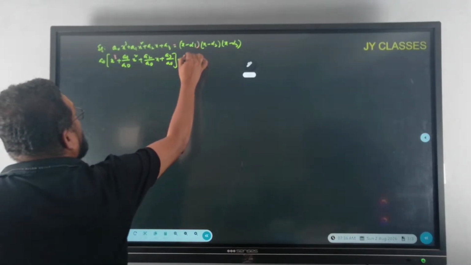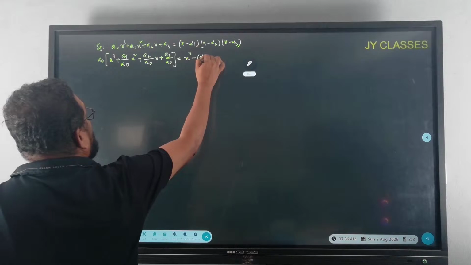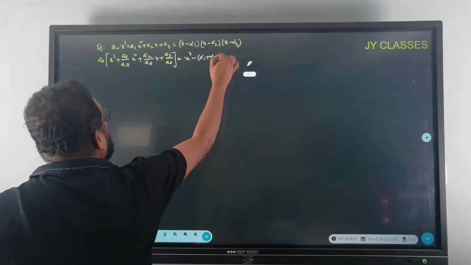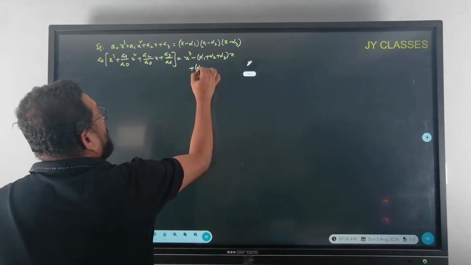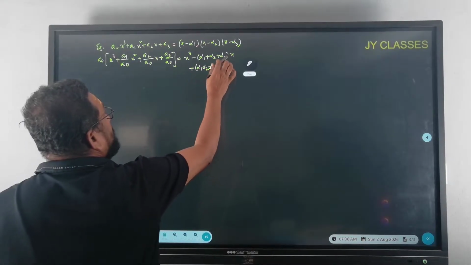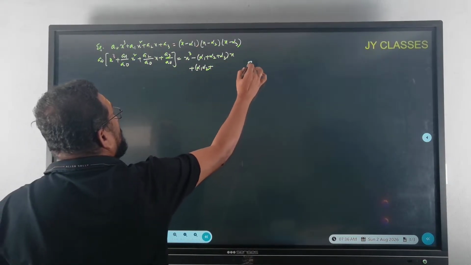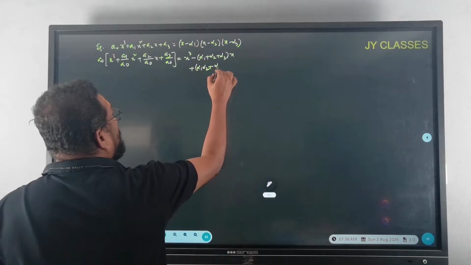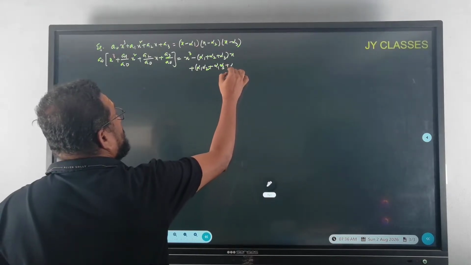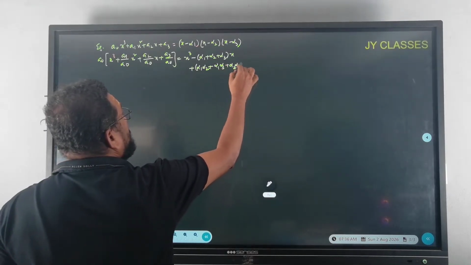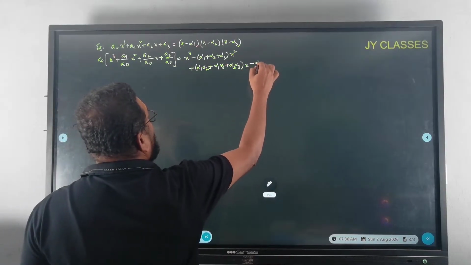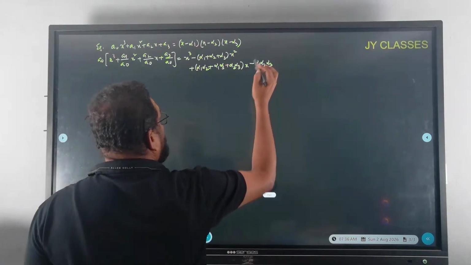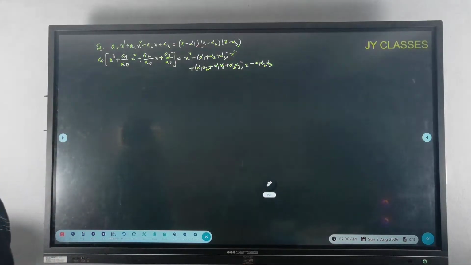If you multiply here, x cube minus alpha 1 plus alpha 2 plus alpha 3 into x square plus alpha 1 alpha 2 plus alpha 1 alpha 3 plus alpha 2 alpha 3 into x minus alpha 1 alpha 2 alpha 3, that is the product.